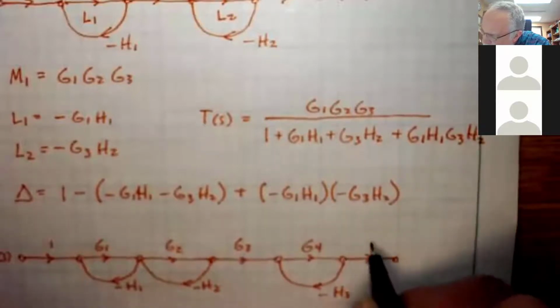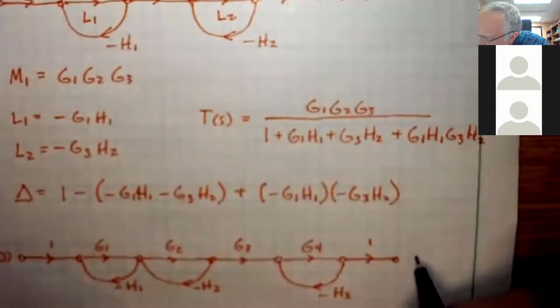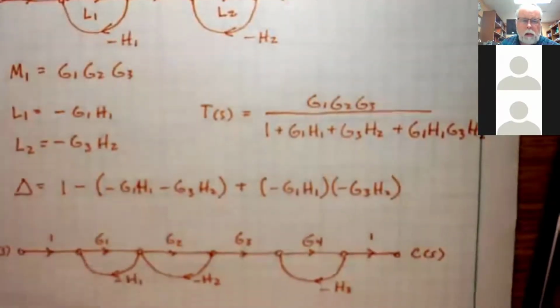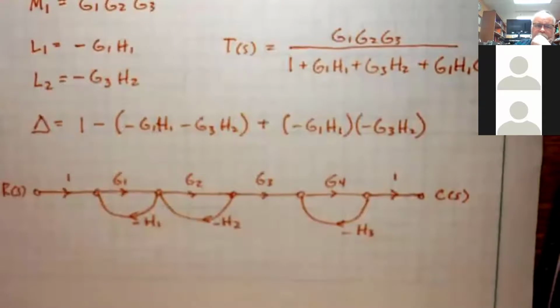I have to have a gain of 1 here to make this a sink node. There we go. So I've got 2 touching and another one that's not touching. So I've got 3 loops total, 2 of them are touching.